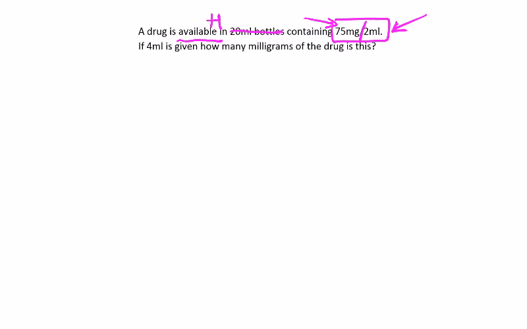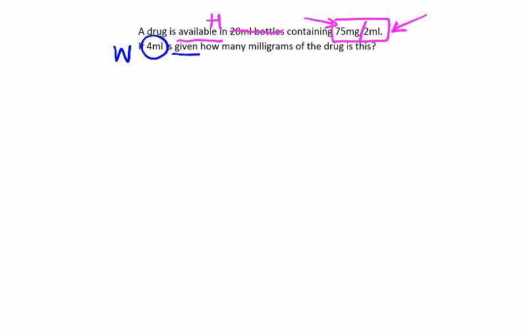Let's read on. 4 mils is given. If 4 mils is given, how many milligrams of the drug is this? So this has been given to the patient, so this is originally what we wanted to give to the patient. So this problem reads in a slightly different way.